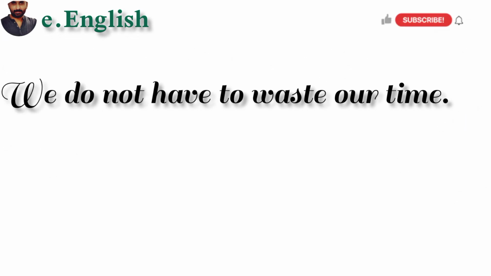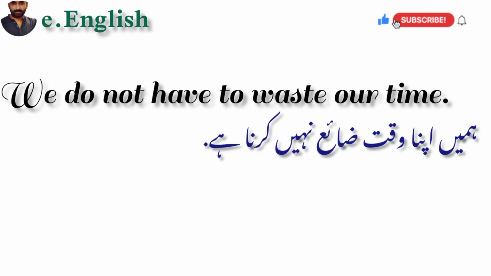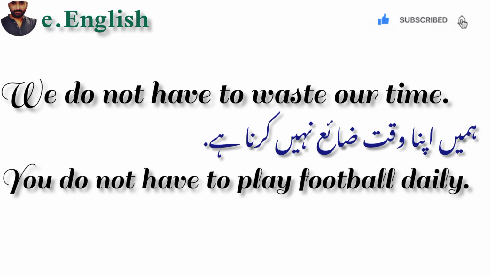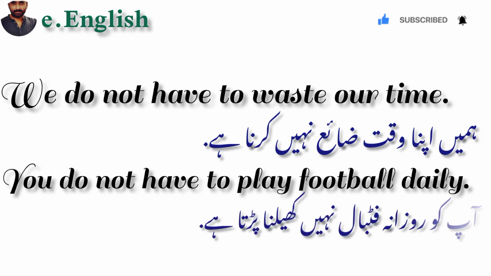We do not have to waste our time. हमें अपना वक्त ज़ाया नहीं करना है. You do not have to play football daily. आपको रोज़ाना फुटबॉल नहीं खेलना पड़ता है.